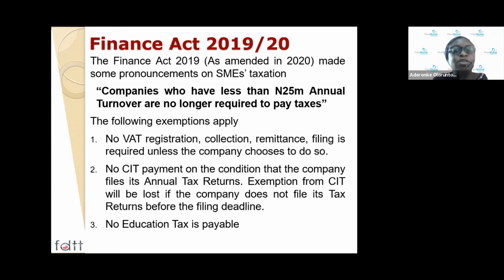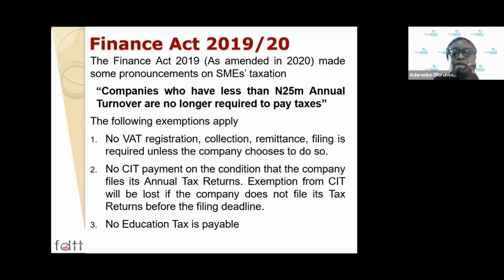But as it is, under the VAT Act now, it is not compulsory for companies who have less than 25 million to either file VAT or to even file their CIT. So there is an exemption for you if you have less than 25 million turnover in any particular year.